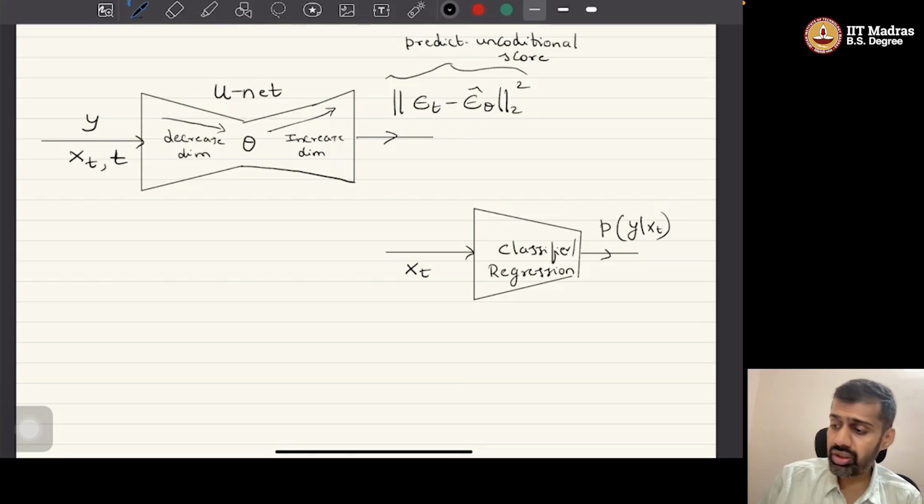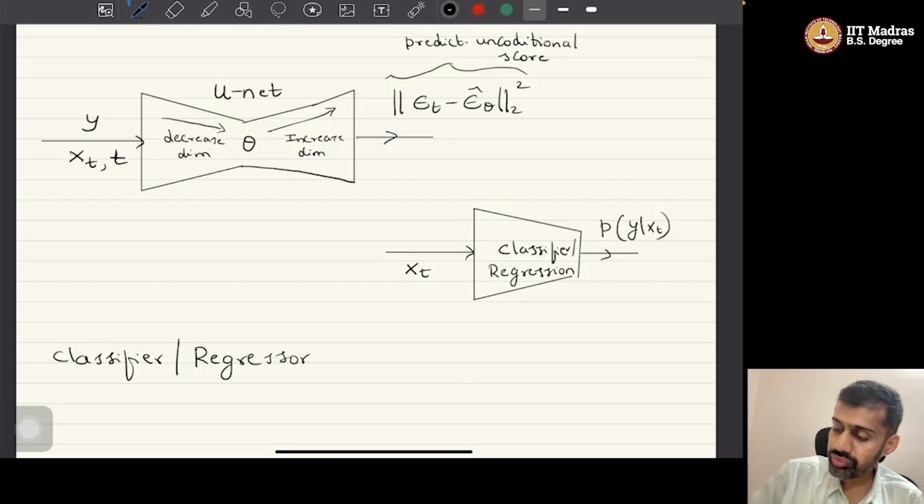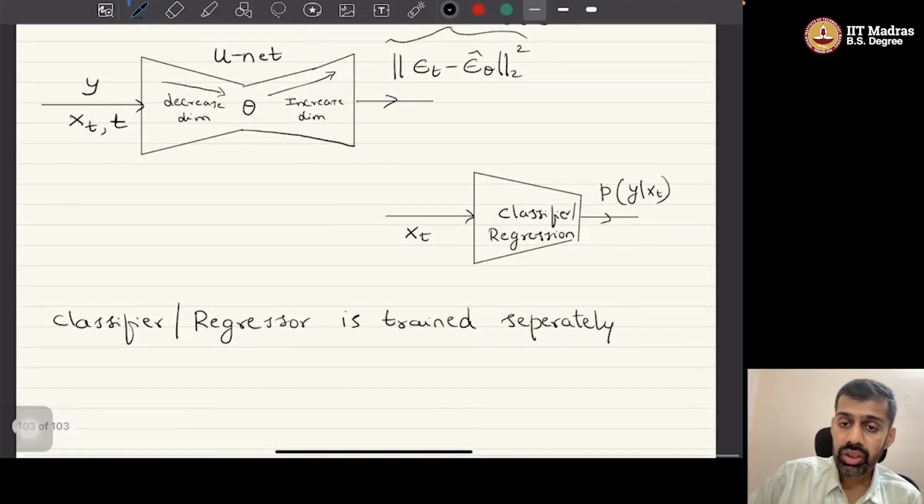So what does this classifier or regressor do? This classifier or regressor is trained separately, a priori.